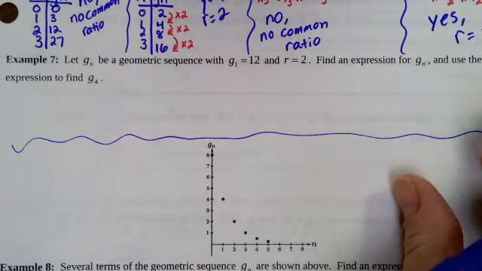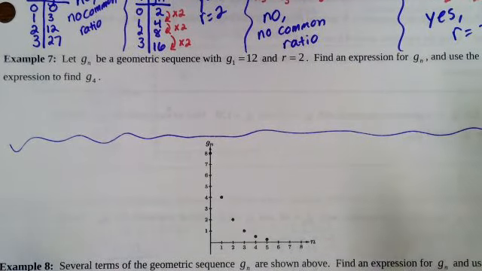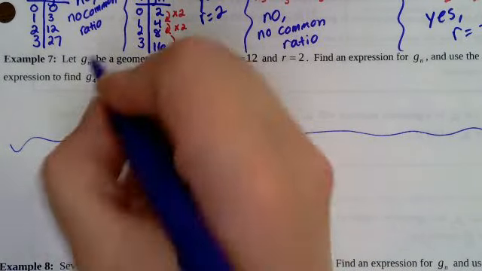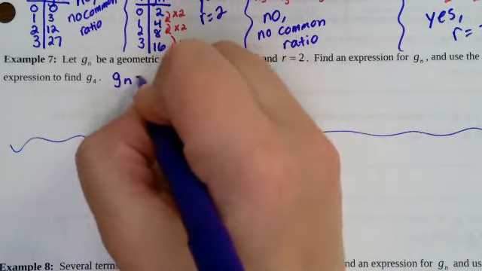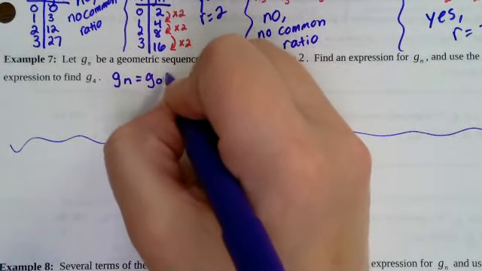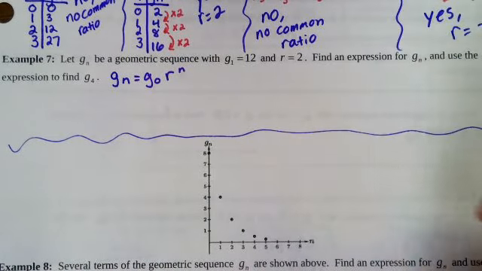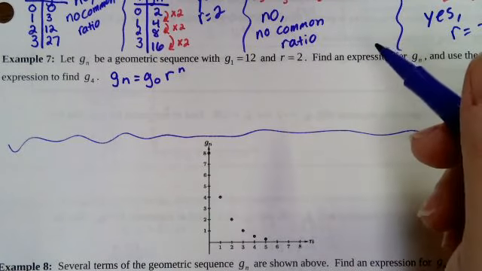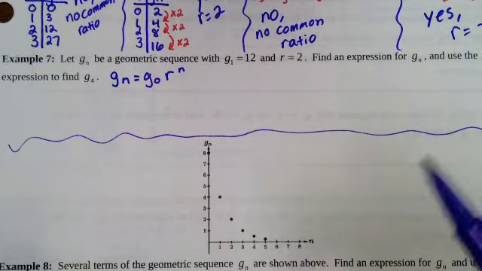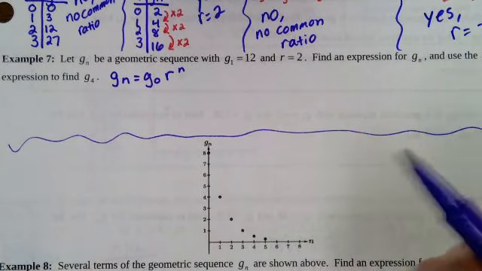But you can deviate from that if you wish. Because I've only been given one term on this, I am going to stick with that first equation. I'm going to write that down right here: G sub n equals G sub 0 r to the n. Now keep in mind, they did not give me the initial value, so that's something I am going to have to solve for.